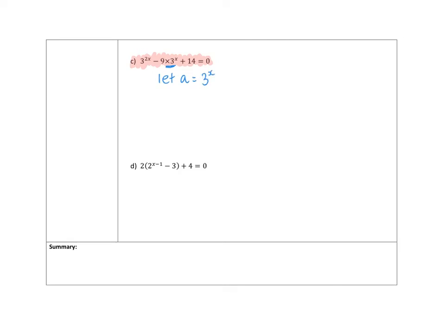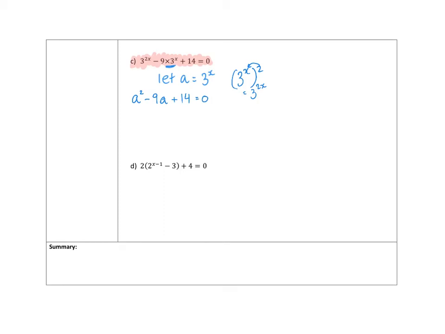The other thing we need to recognise is that 3 to the 2x can be written as 3 to the x squared, because if I multiplied that down, it would equal 3 to the 2x. So if I replace a with 3 to the x, we have a squared minus 9a plus 14 equals 0.